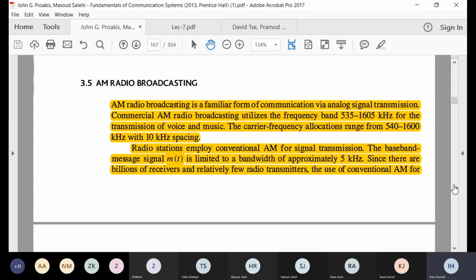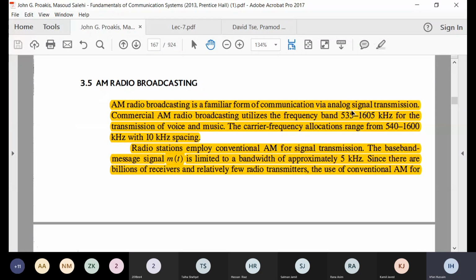Now another important industrial application of amplitude modulation is AM radio broadcasting. The bandwidth of 535 to 1605 kilohertz has been allocated to commercial AM radio, and the carriers will lie in this range.